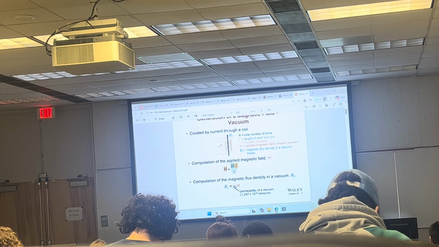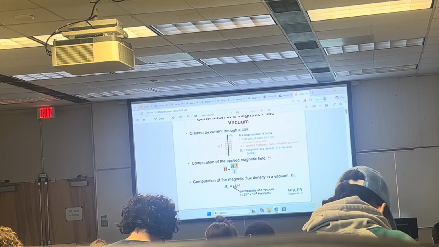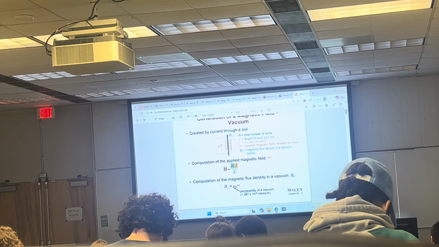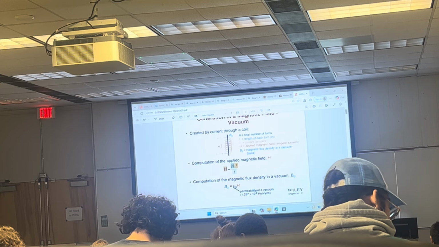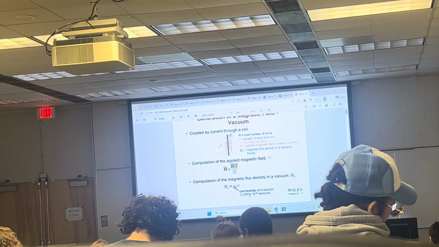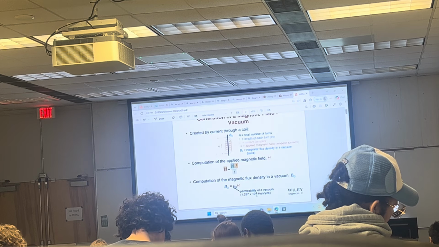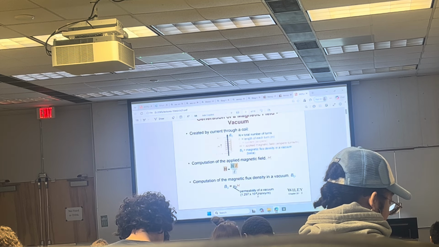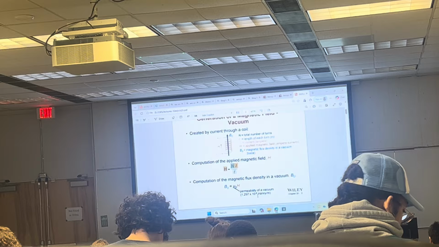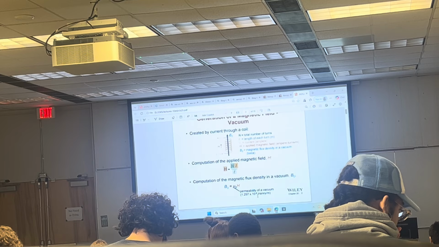And we can calculate the magnetic flux density of a vacuum as mu times H, where mu is the permeability of a vacuum, which is expressed as 1.25 times 10 to the minus 6 Henry per meter. Henry is another unit.